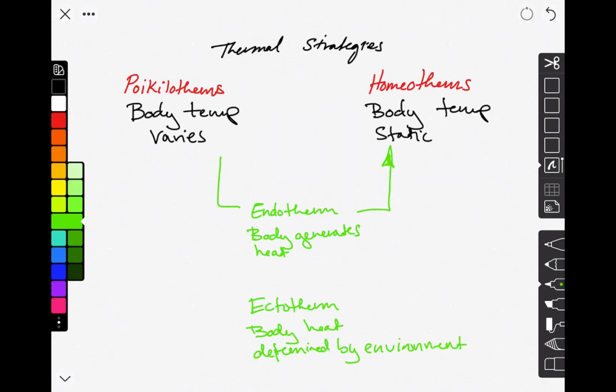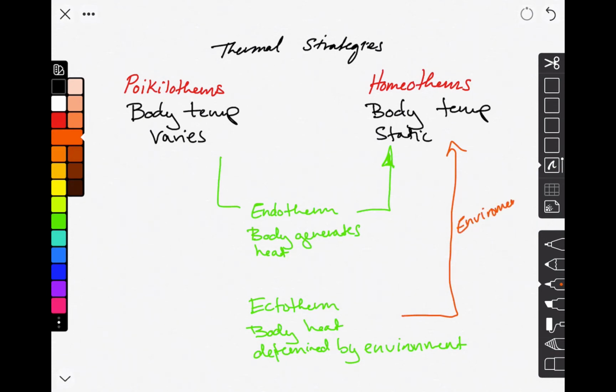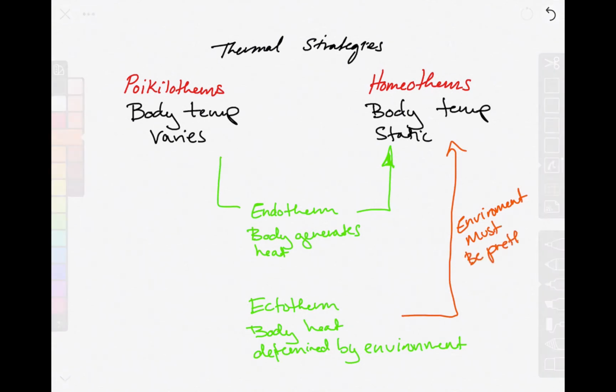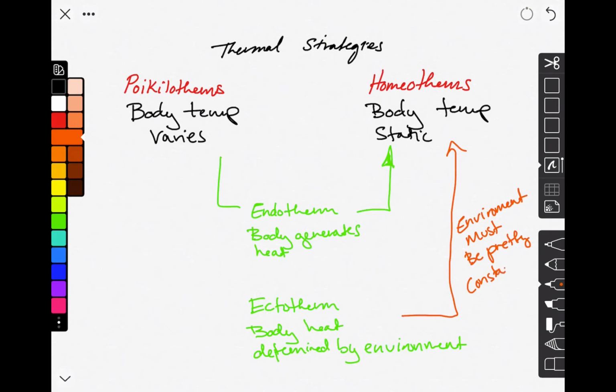In this case, if an ectotherm were to be a homeotherm, this means that its environment must be pretty constant. And in this case, where the body temperature varies, and that's determined by the environment, this animal is going to need to be pretty tolerant of changing conditions.